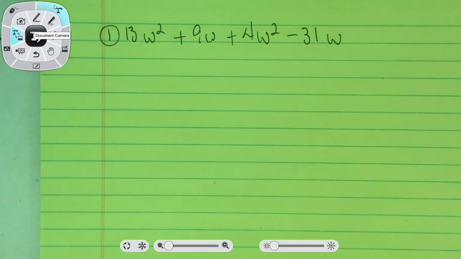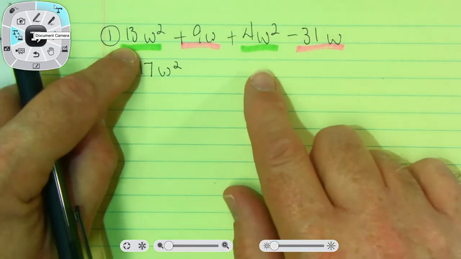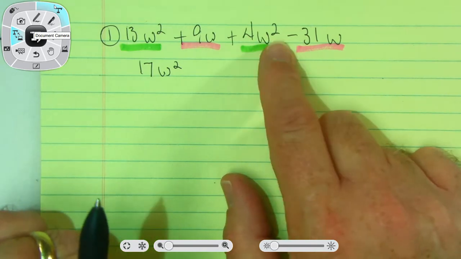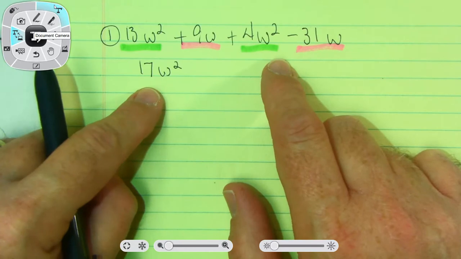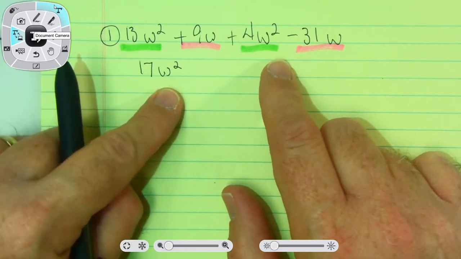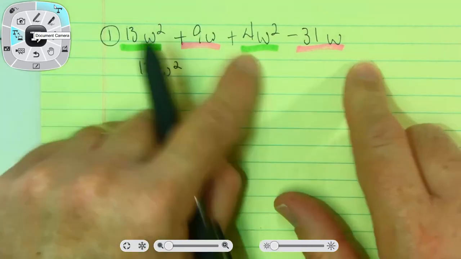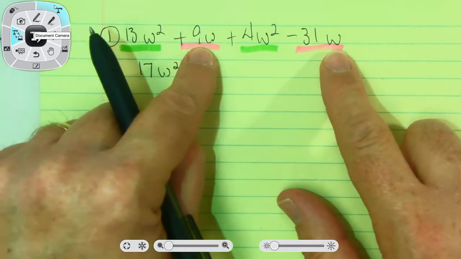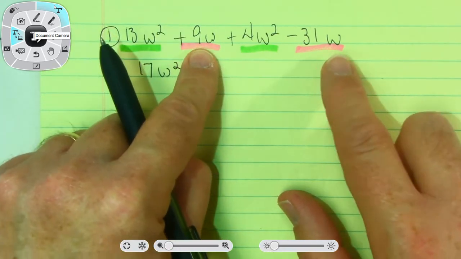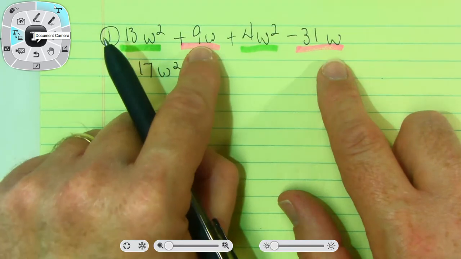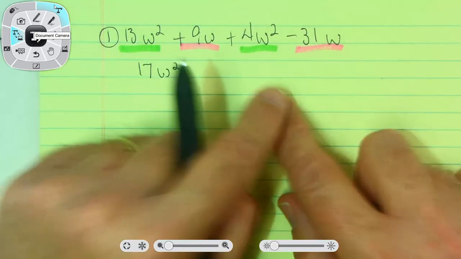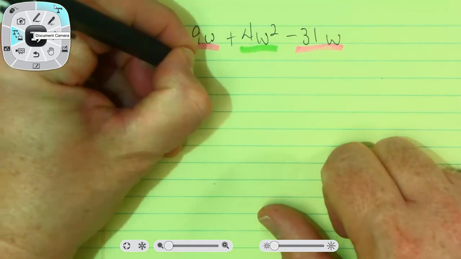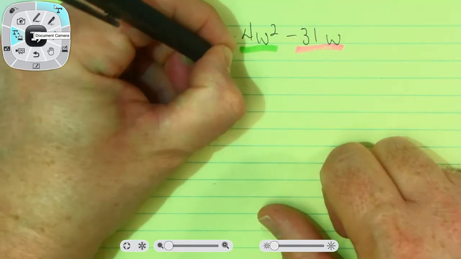So what I'm going to do is simply identify like terms. 13w squared will go with 4w squared, and 13 plus 4 is 17w squared. Can't mix that up with the w, so I'm going to look at the w's here. I've got positive 9w and minus 31w, and those two go together, and that's a negative 22w.